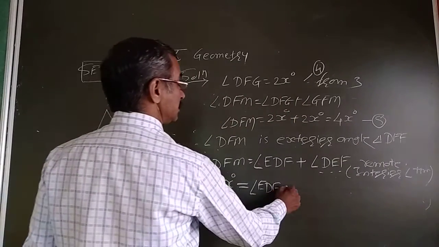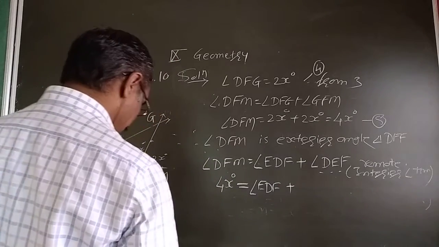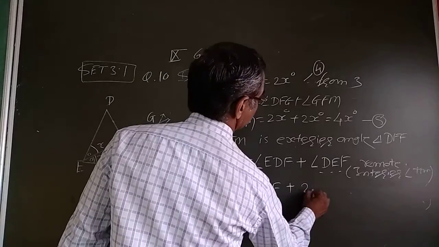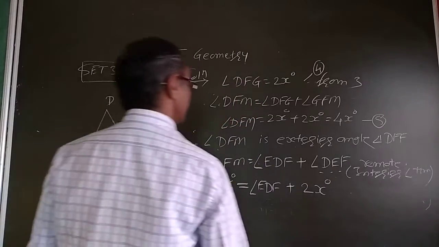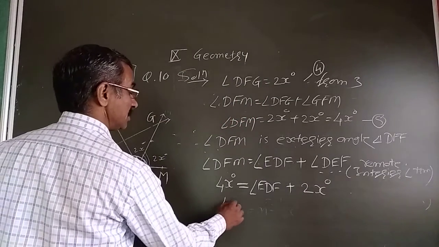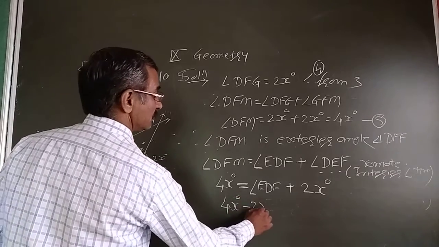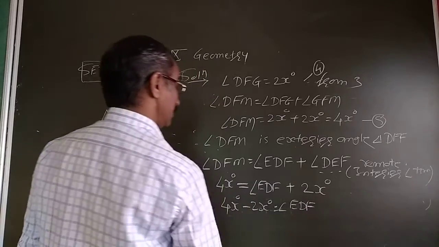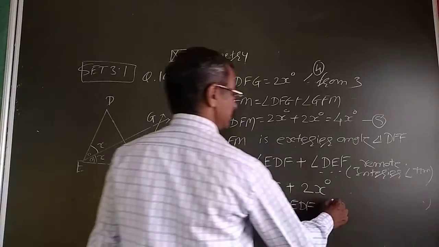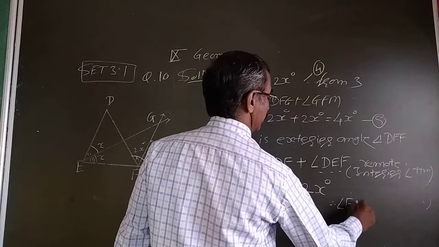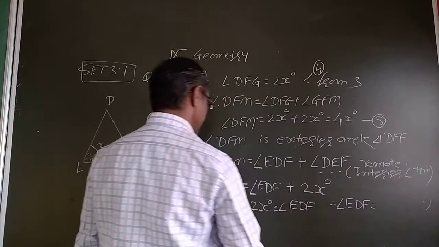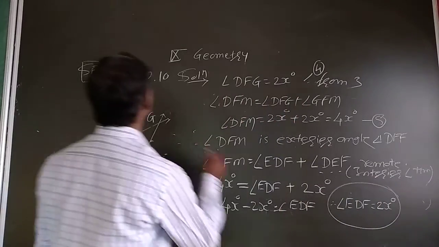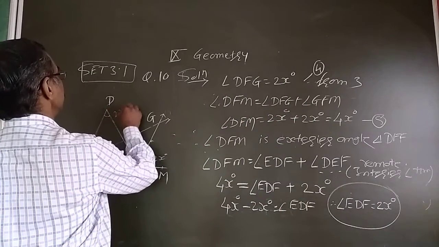So EDF remains as it is, and DEF from equation 3 is also 2x degree. So by transferring this 2x degree to one side, by subtraction we get angle EDF is equal to 4x minus 2x, that is 2x degree. So we get angle EDF as 2x degree.